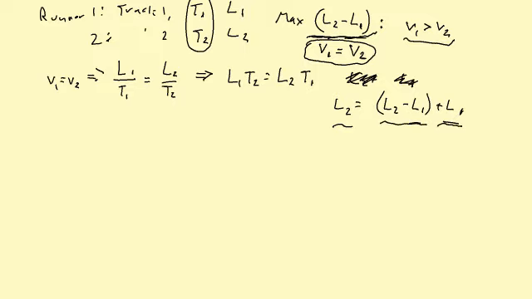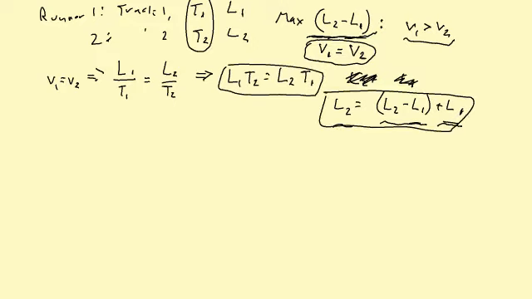Okay, so now that we've got that, let's substitute that back in and see what kind of fancy things that lets us do. So this is, again, the equation we're working from here. So let's substitute in this thing here and see what happens. So L1 T2, which is the left side of that, is going to equal L2 minus L1 plus L1.